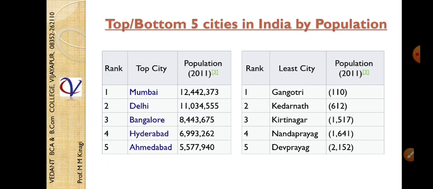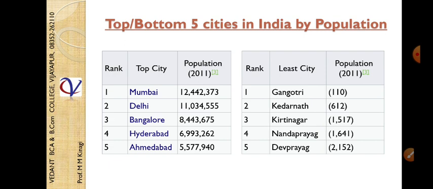If you take the top and bottom 5 cities in India by population, as we said earlier, the top cities contributing to the population are Mumbai, Delhi, Bangalore, Hyderabad and Ahmedabad. For the least, the least population is in Gangotri, Kedarnath, Kirtinagar, Nandaprayag and Devaprayag.